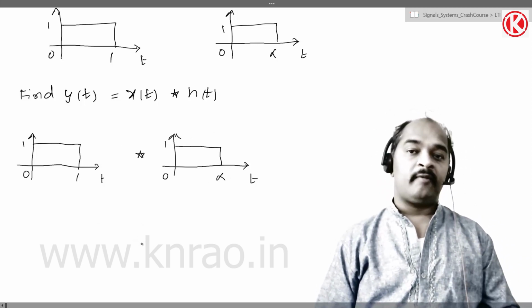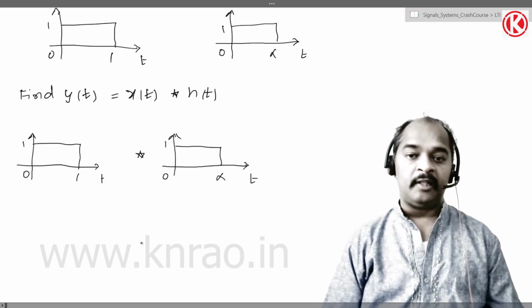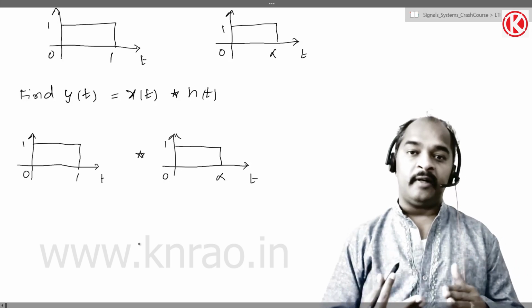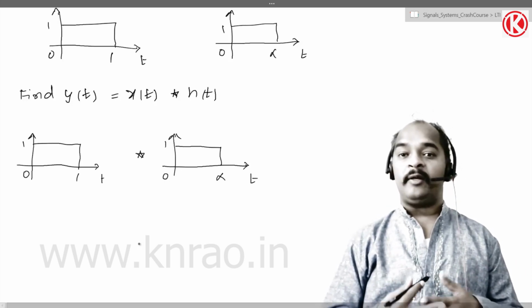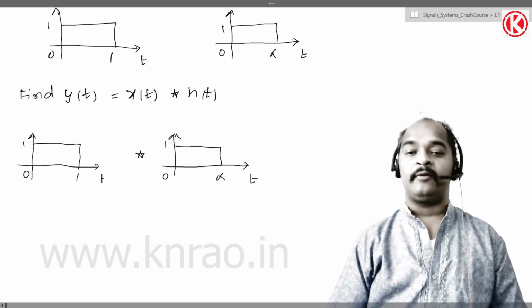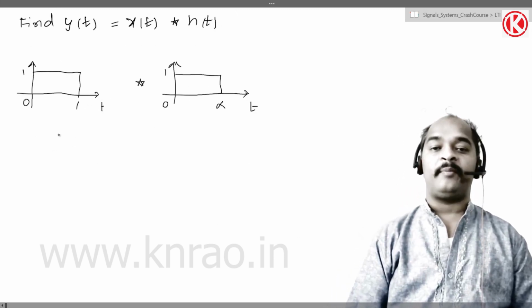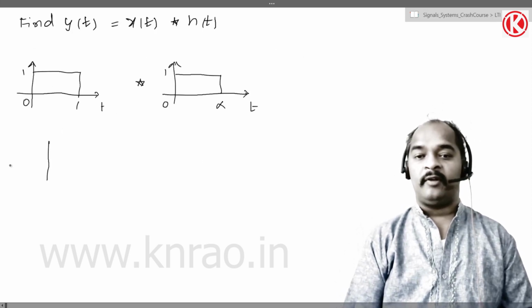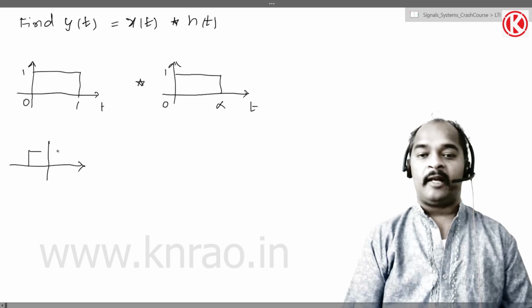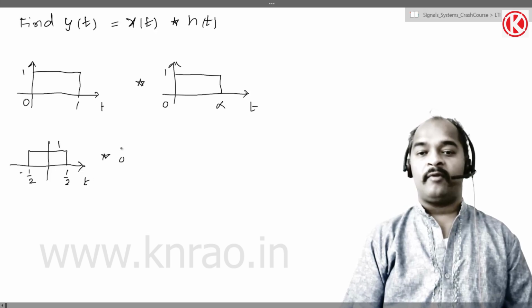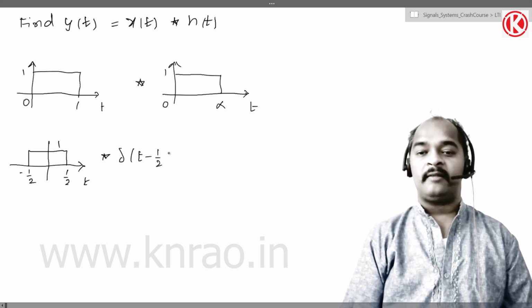But if you remember our previous notes, we have seen that the convolution of two rectangles of different width gives a trapezoid, but those two rectangles were symmetric about each other. So first let us write down our given signals as symmetric rectangles. If you look at this signal, the first one can be written as a rectangle from minus half to plus half, convolved with delta of t minus half.